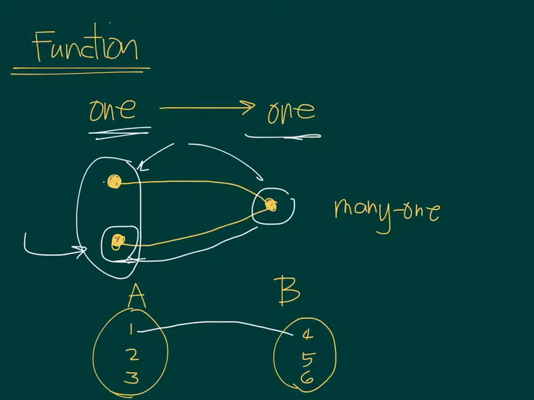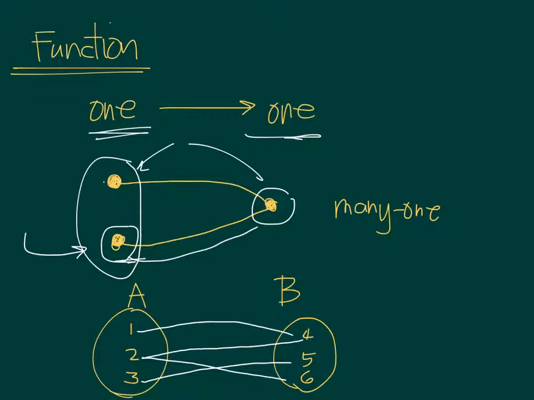Now 2, instead of going to 5 or 6, is going to 4. And 2 could also go to 6, and then 3 goes to 5.